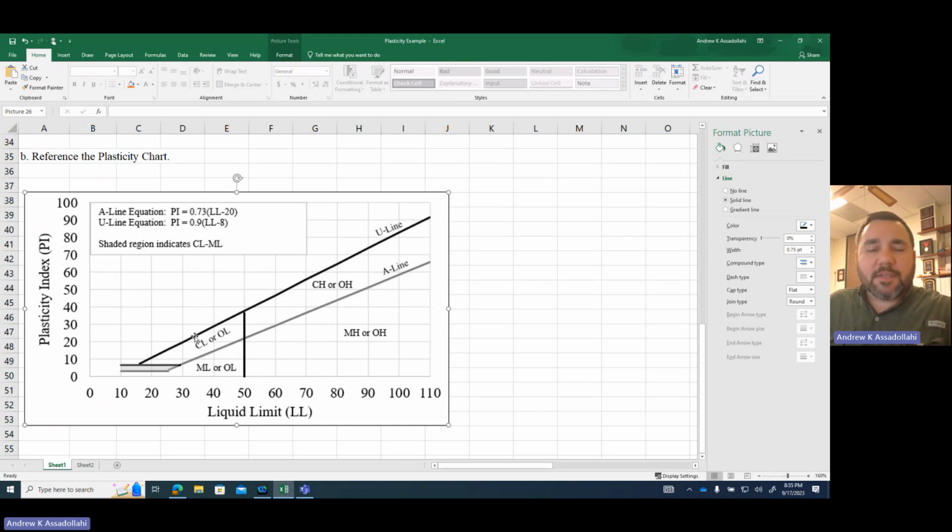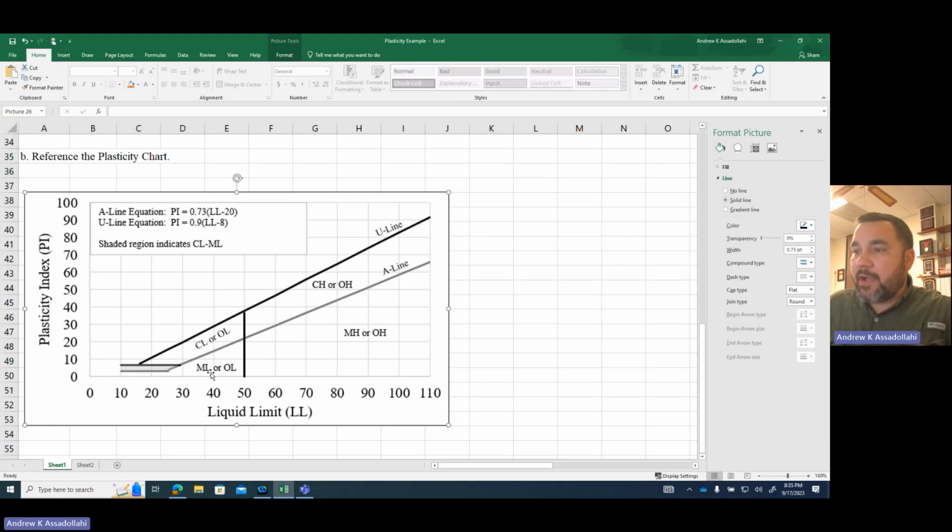So what do these designations mean? Well, a C in front as a first letter designation means clay, okay? And then L means low plasticity. So for example, if we're in this zone, that's a clay of low plasticity. Or O stands for organic. So that could be an organic clay or silt of low plasticity, okay?